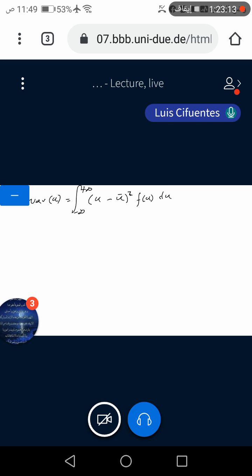We know the value of this, so let's expand this square: U squared minus 2 times U times the mean value of U, plus the mean value of U squared. We just have to solve this integral here.